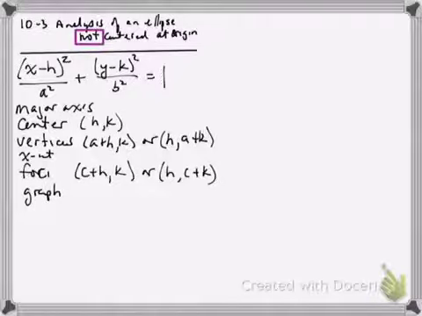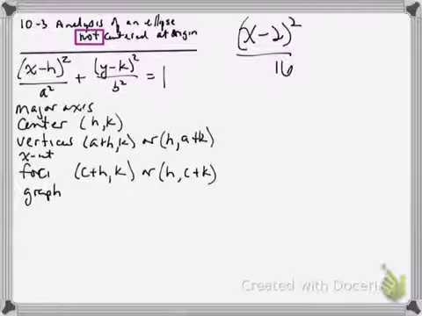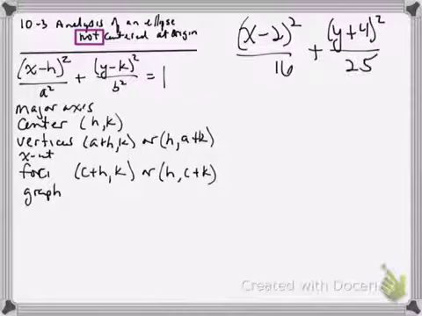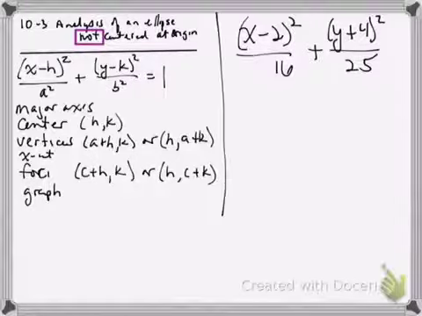Okay, so let's try a real problem that you might see in a book. I'll give you (x minus 2) squared all over 16 plus (y plus 4) squared all over 25. So the first thing that I would see is that the major axis is going to be the y-axis, because the 25 is bigger than the 16, and it's just that easy.